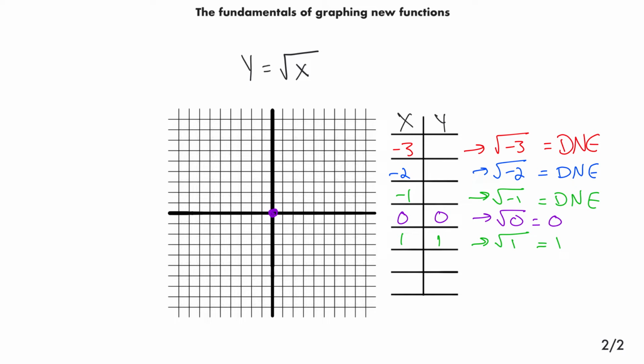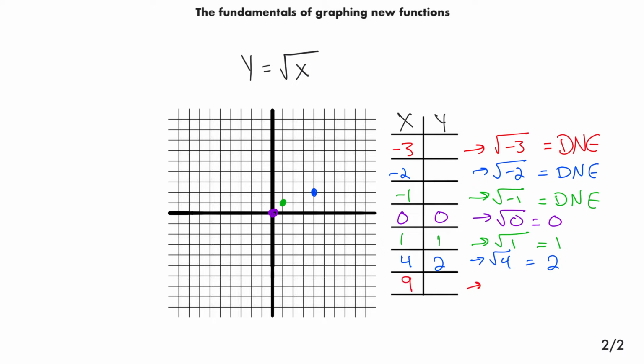First one being 4. Because if I take the square root of 4, the number times itself that's equal to 4 is 2. So we're going to go right 4. Oh, I forgot the 1, 1. There's 1, 1. I'm going to go right 4 up 2. Then the next number that I can square root is 9.